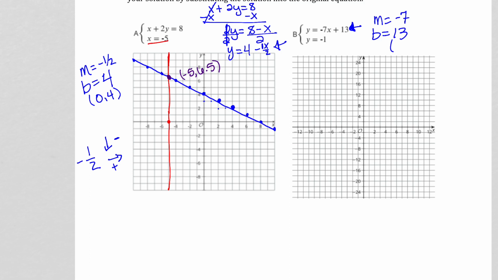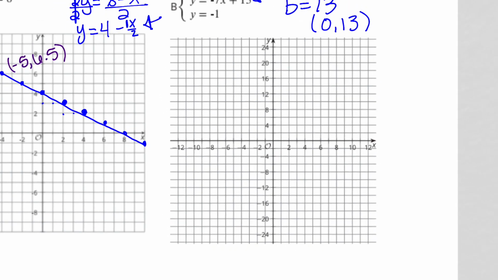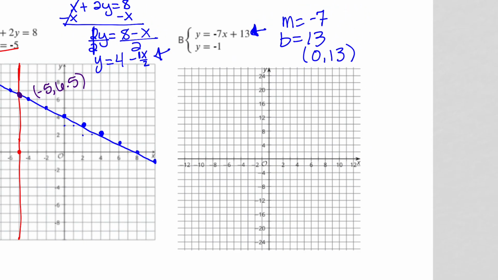Just for the b. 0, 13. So where's my first point go? 0, 13. Okay, 0, 13 should be about right here, about halfway between those 2 points.